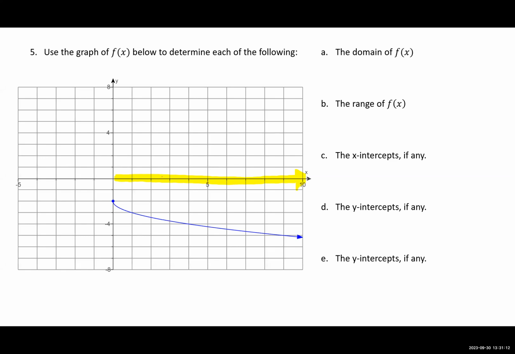Right. This x value here is on the graph right there. This x value here is on the graph right there. Right? So these are all the x values that correspond to a point on the graph. And these x values over here, none of these correspond to any point on the graph.